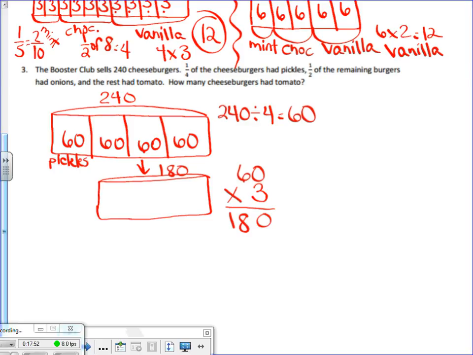Half of the remaining burgers had onions and the rest had tomato. So when I have half, there's 2 pieces. So this one had onions. This one had tomato. 180 divided by 2. 2 can't go into 1, but 2 can go into 18.